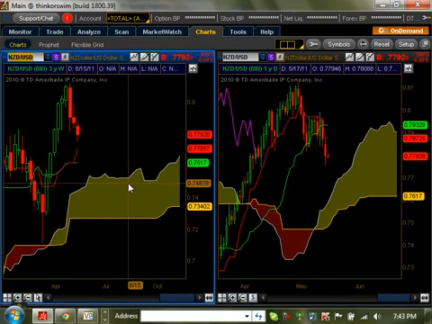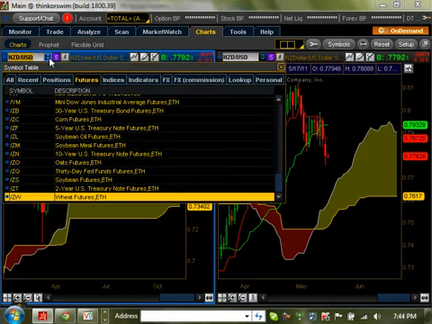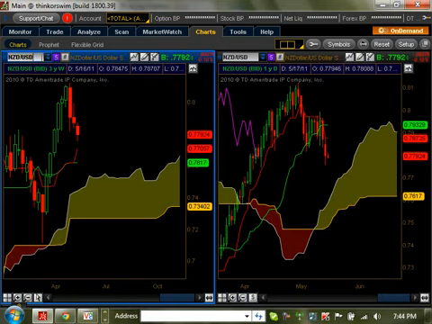Its levels are: minor support level is 77.05, major is 76.17, and it's got to break above 79.32, which is its resistance level, to start resuming to retest the highs and then blowing past that.